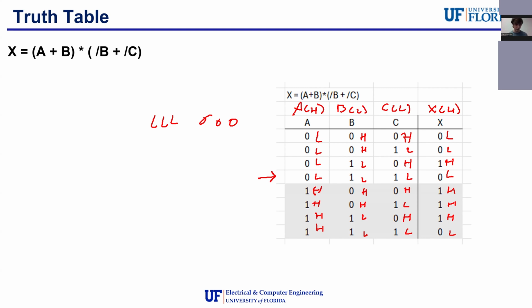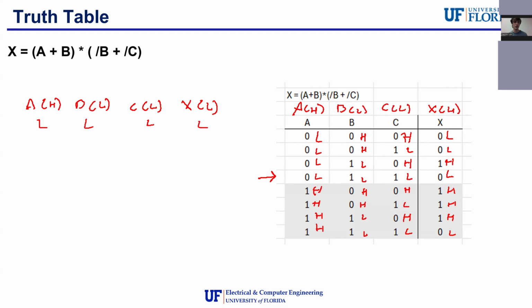Let me erase what I had here. So our new order: A active high, B active low, C active low, and X active low. I'm going to start off by copying this row here with the arrow: low, low, low, low. Then we keep going.